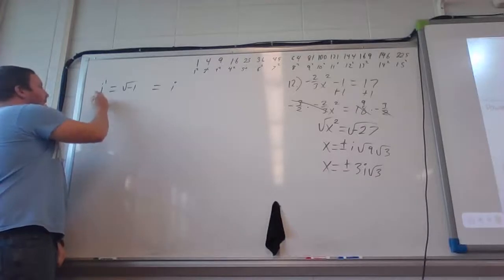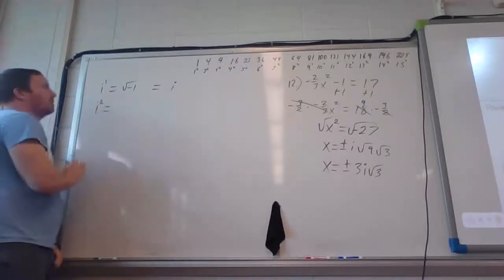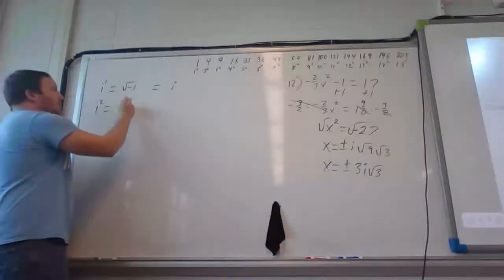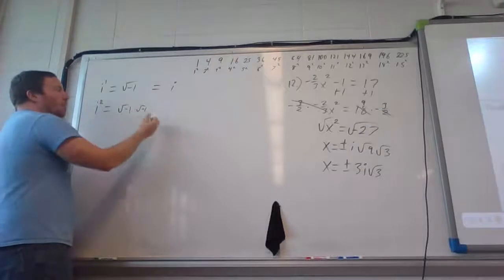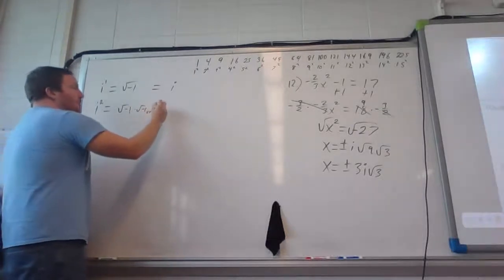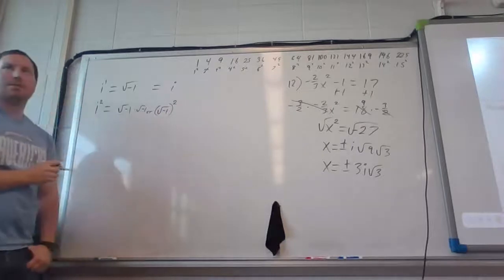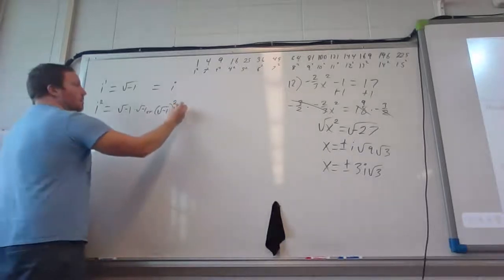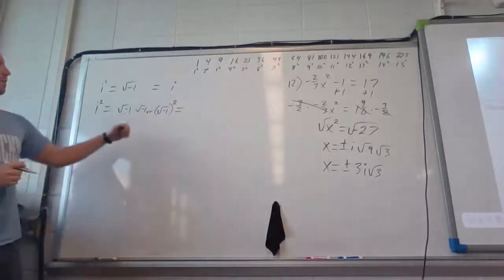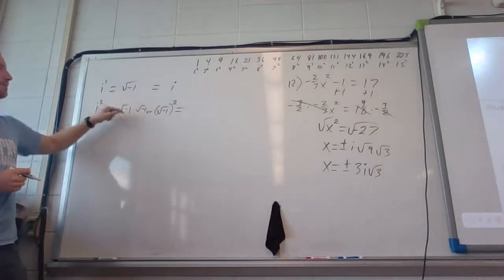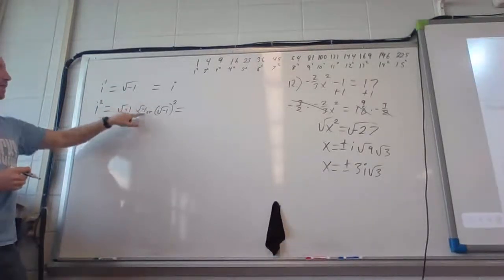Now let's think about if we have i squared, that means we have 2 of these. We have the square root of negative 1 times the square root of negative 1, or you can think about it as the square root of negative 1 squared. Well, if we have these two multiplied together, you multiply the numbers underneath the radical.